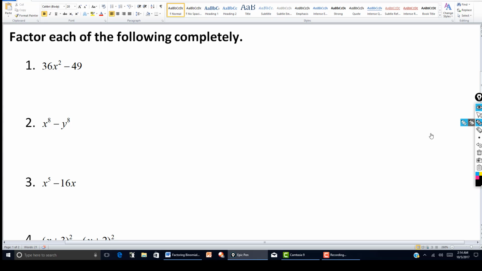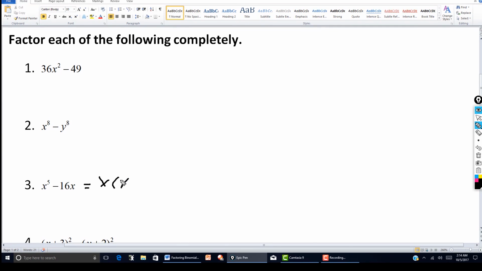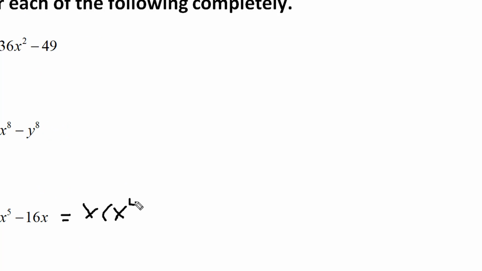Look at the next one. Now notice here we do have a common factor of x. We can take out an x. We're left with x to the fourth minus 16. And x to the fourth minus 16 is a difference of squares, so we can factor that into two factors.